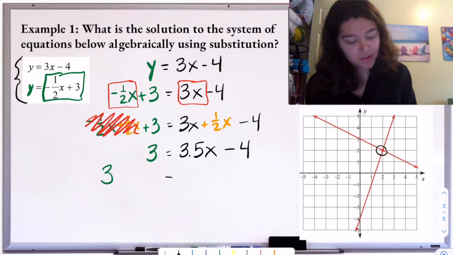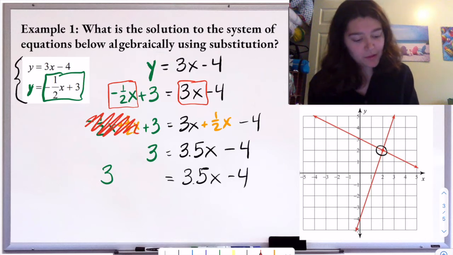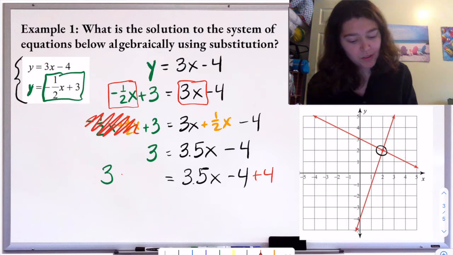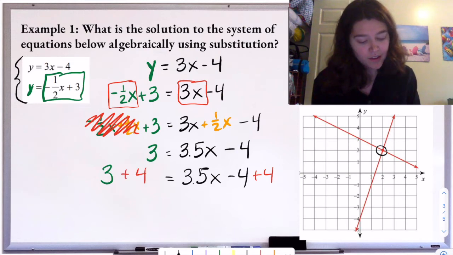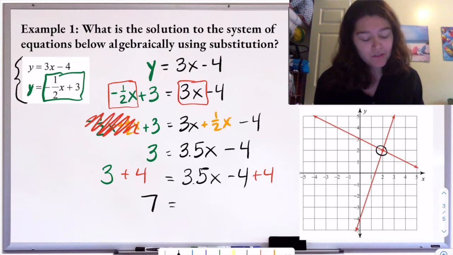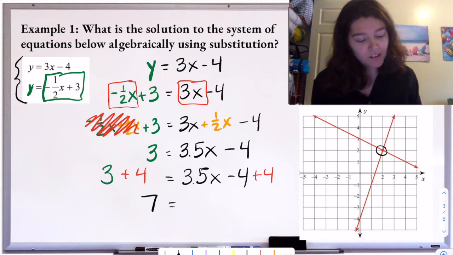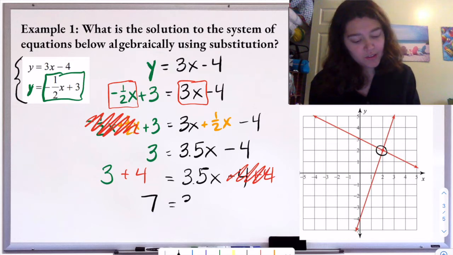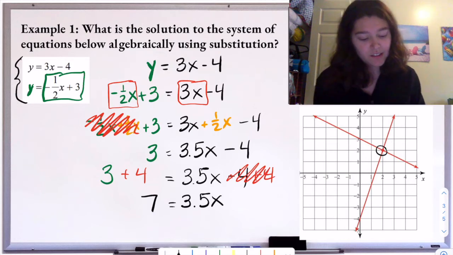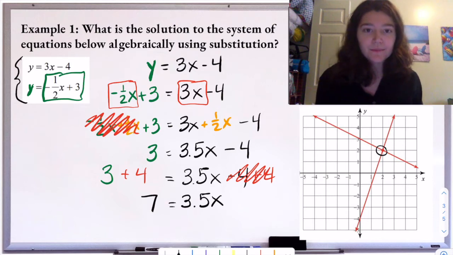How do I undo subtracting 4? I'm going to add 4 to both sides of the equation. On the left-hand side, 3 plus 4 is 7. On the right, minus 4 plus 4 goes away, and I get 3.5x equals 7.